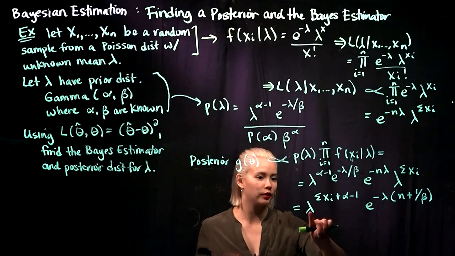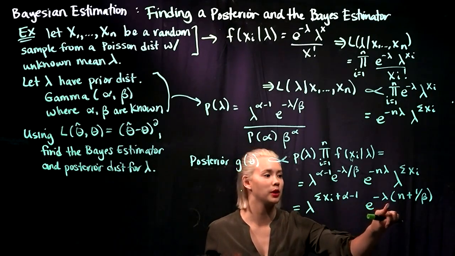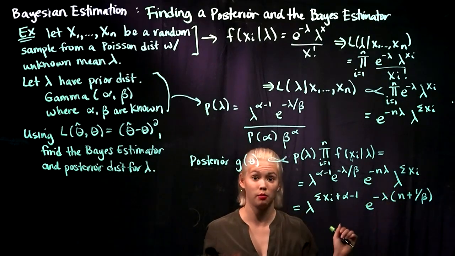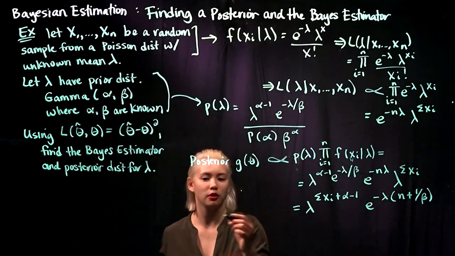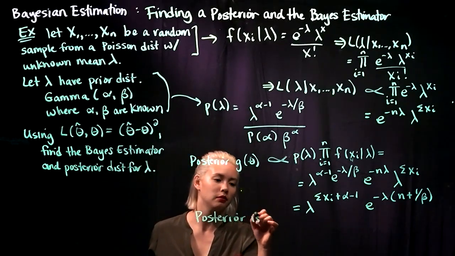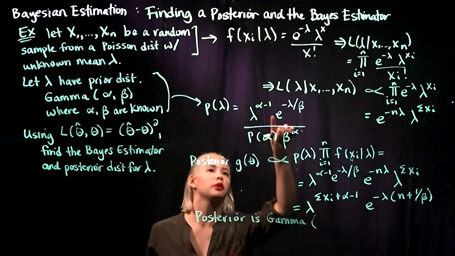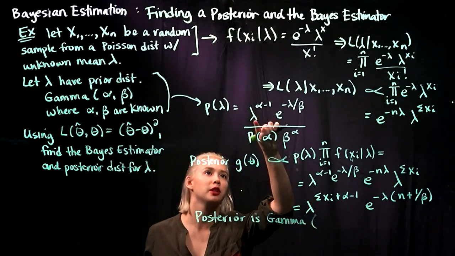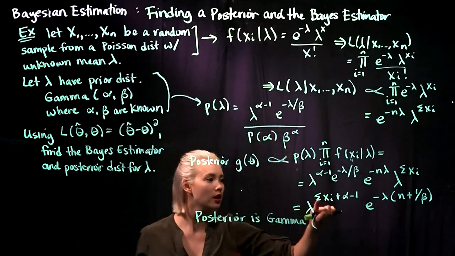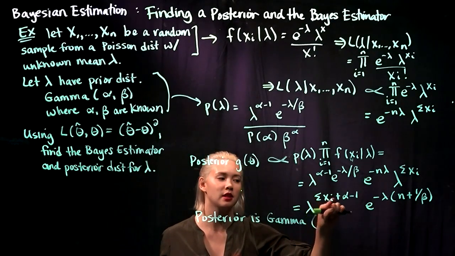Here we have lambda to the something minus 1, and e to the negative lambda times another something. So that means that our posterior is a gamma distribution. The first parameter is up here. We have lambda to the first parameter minus 1. So our first parameter is the sum of the x's plus alpha.